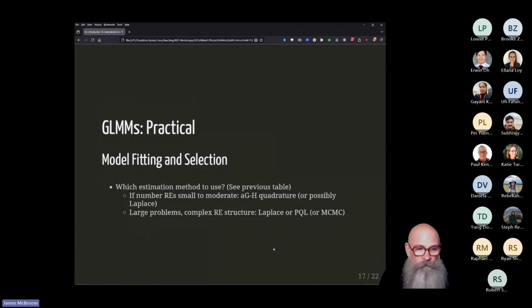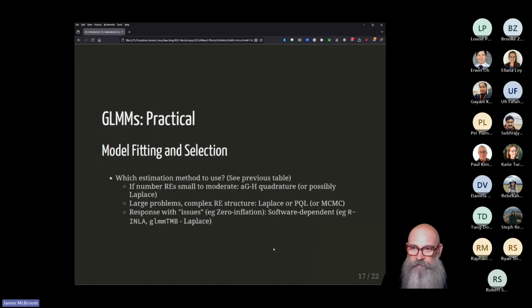For larger problems with more complex random effect structures, Laplace is probably your best bet, or at a stretch, PQL, or if you really want to be a Bayesian about things, Markov chain Monte Carlo approaches, Bayesian approach. Go full Bayes. Responses with issues, for instance, if you discover that you've got zero inflation or over or under dispersion in your model, we'll have a look at that in an example we're about to get to in a minute.